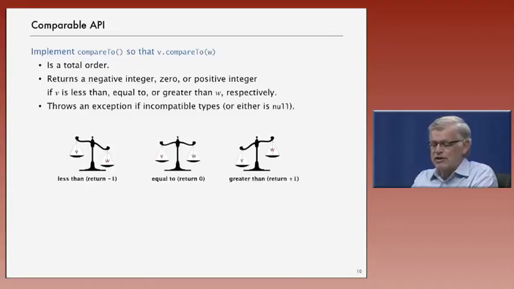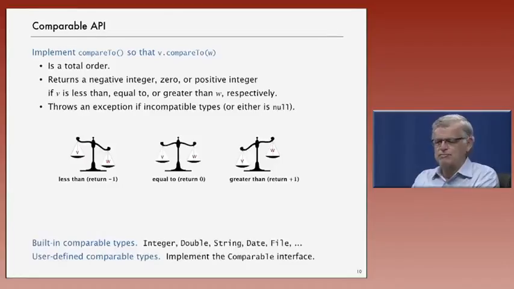If the types are incompatible or if either one is null, compareTo should throw an exception. Now, again, many of Java's standard types for numbers and dates and files and so forth implement compareTo by convention.